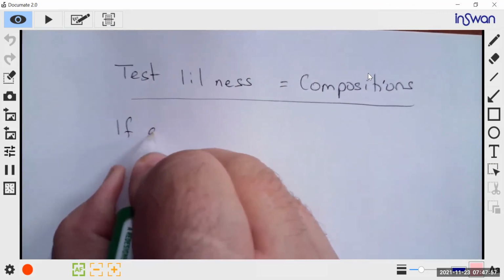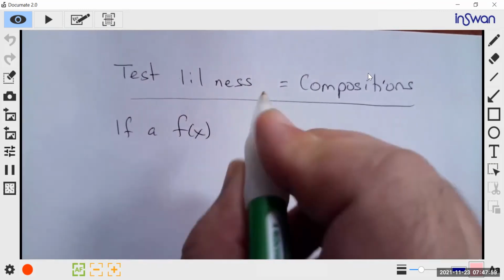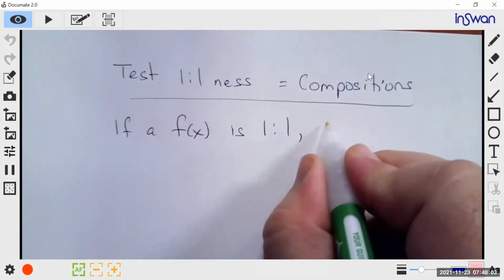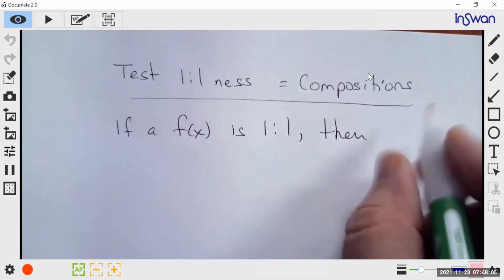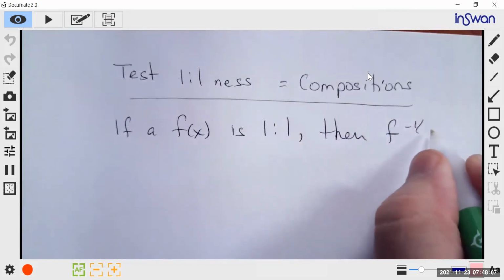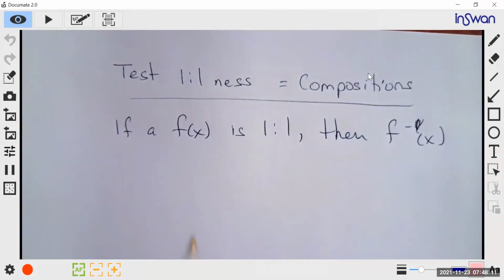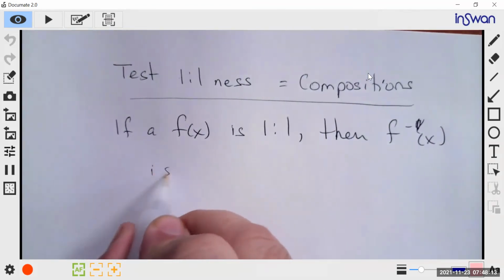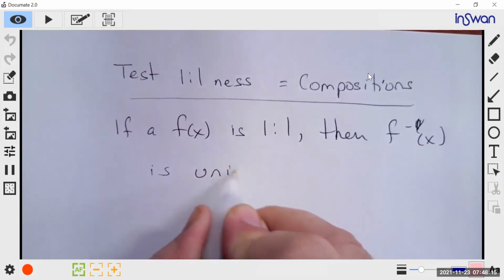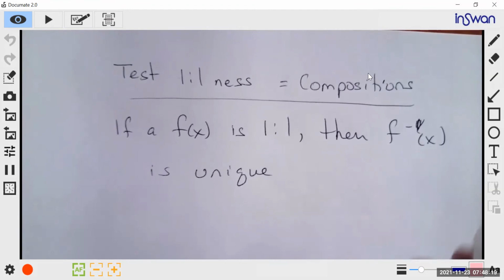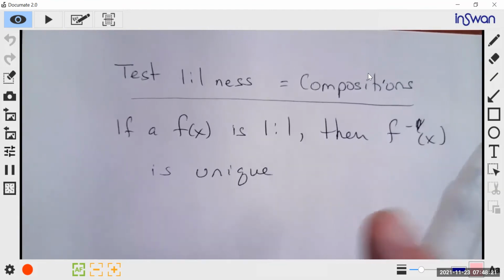If a function f of x is 1-to-1, then its inverse is unique. There's only one equation for every inverse.